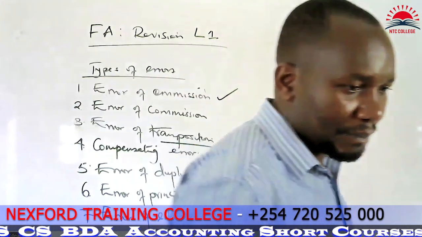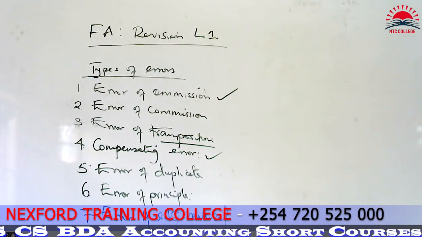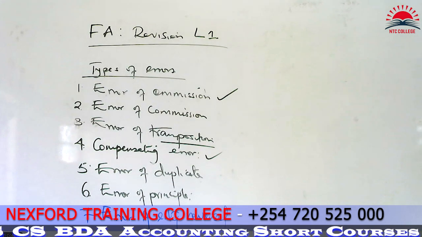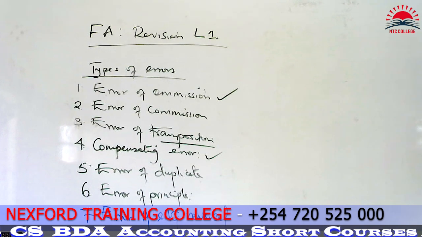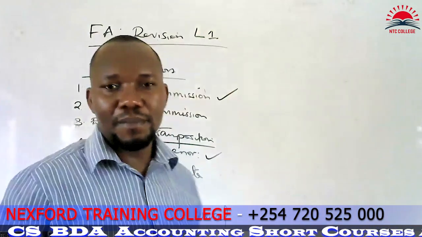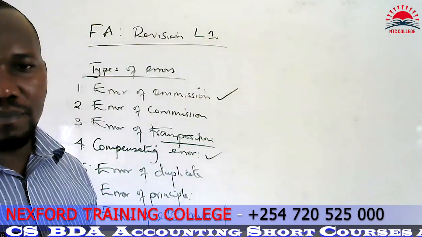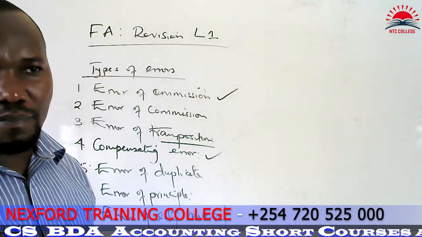We define error of commission as putting it in the wrong place, the wrong sub-account. You can add something like sub-account statement. Mishandling of the item by putting it in the wrong place. For principle, the correct amount is entered in the wrong place.